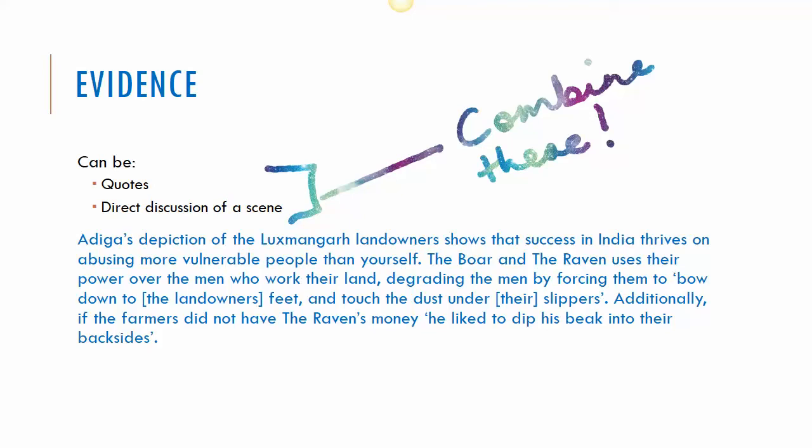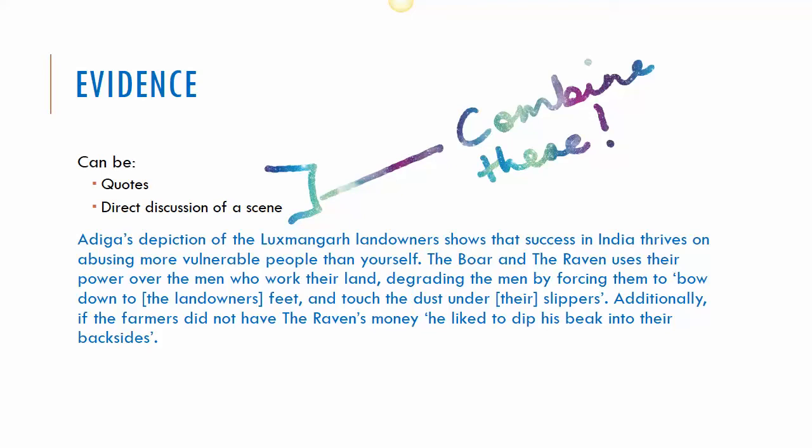Either a quote, so taking words directly from a text, or a direct discussion of a theme. I would suggest combining these. Okay, so giving a bit of a quote and embedding it into your language. We talked a little bit about embedding last week, so hopefully you're going to start practicing that.